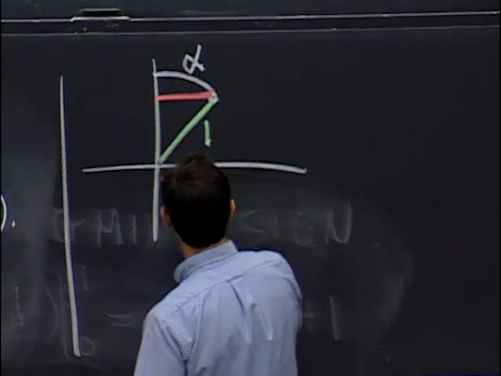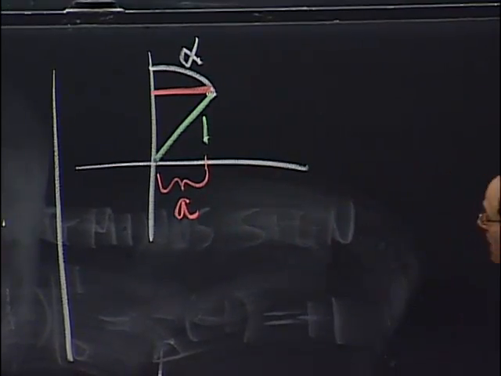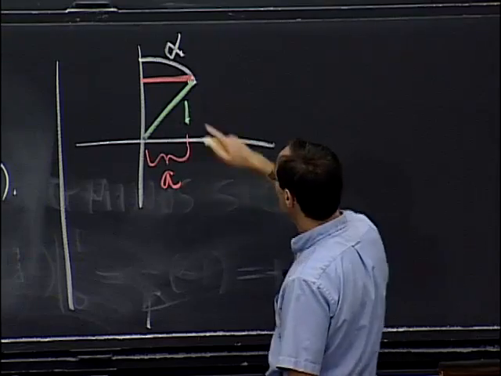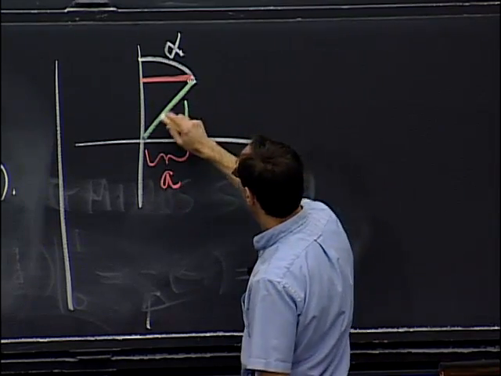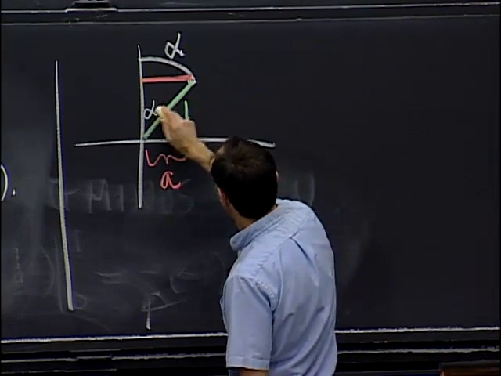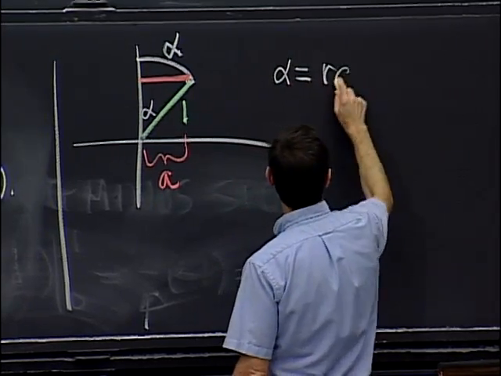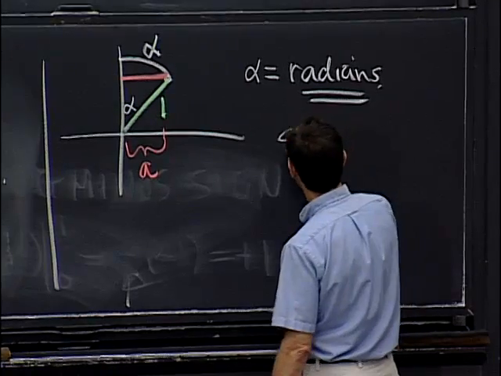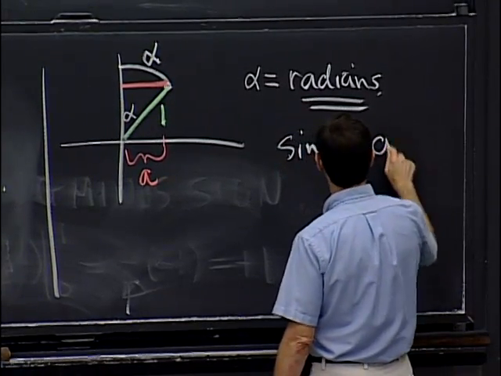So the geometric interpretation is that this angle is alpha radians, and sine alpha is equal to a.